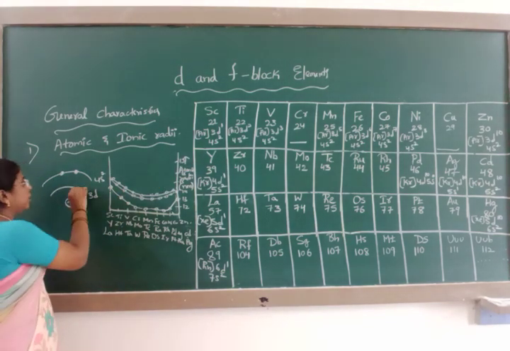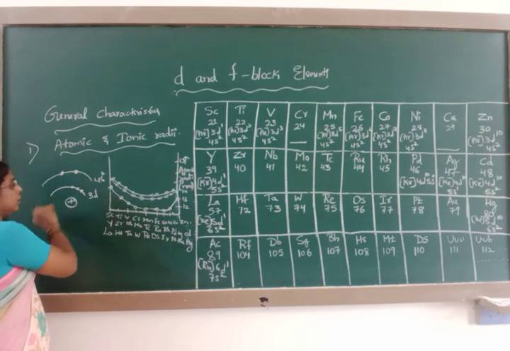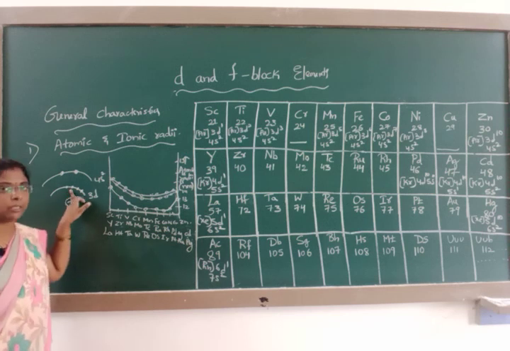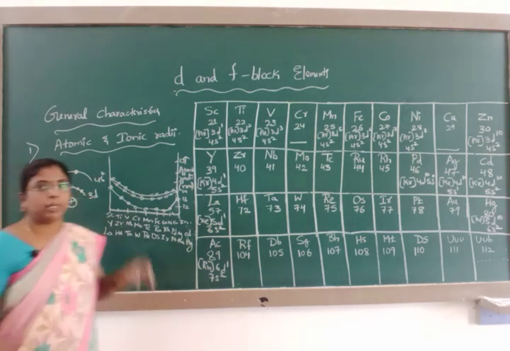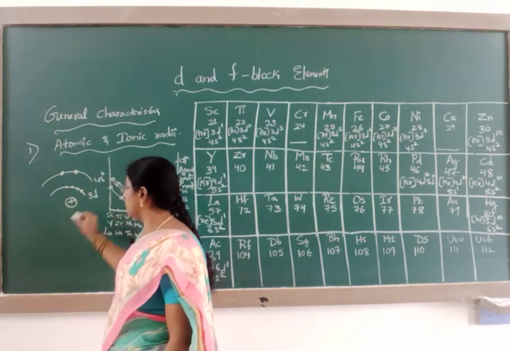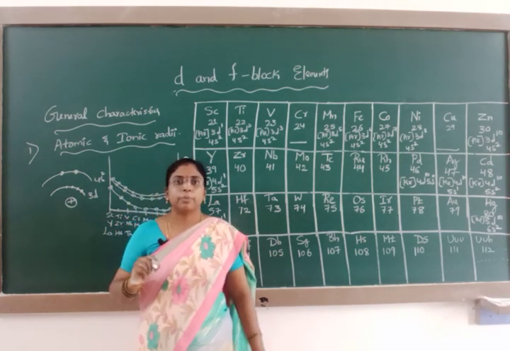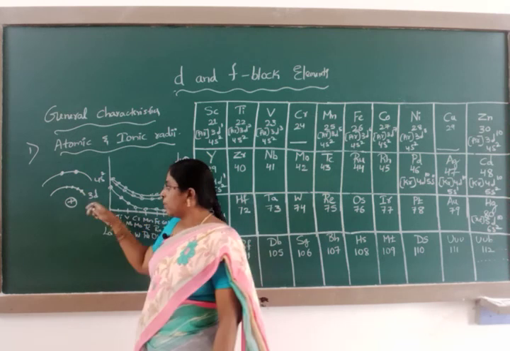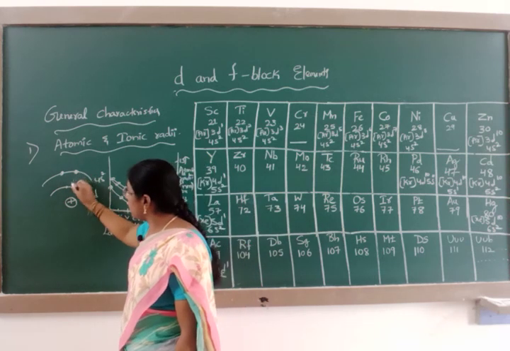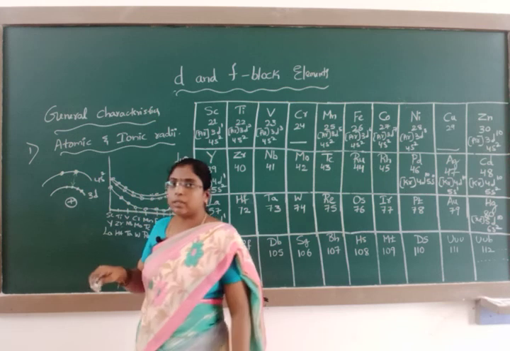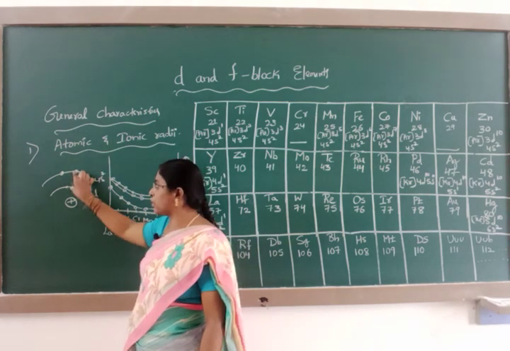Titanium, 2 electrons. Titanium, vanadium, chromium. Initially there are only a few electrons in the 3d subshell. When few electrons are present in the 3d subshell, a small repulsion takes place between the 4s electrons as well as 3d electrons.